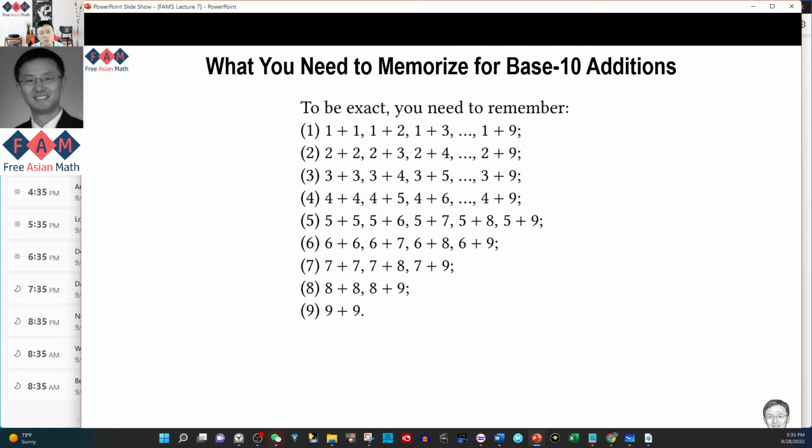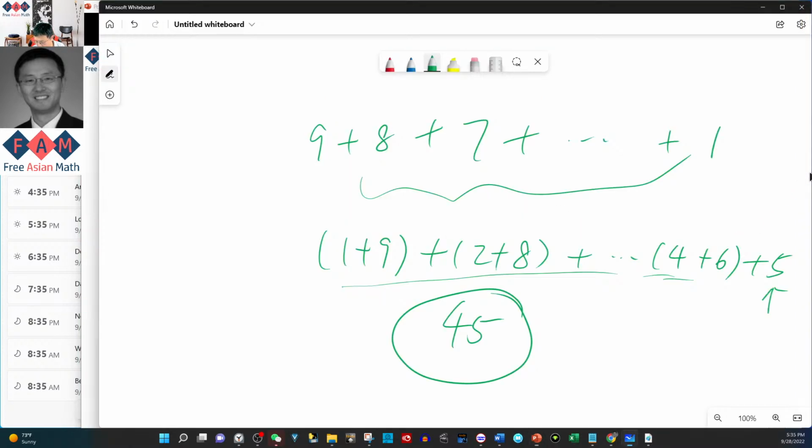On the other hand, if you have a binary system, what will you do? You only need to memorize 1 fact, and it is trivial. What is that? It's 1 plus 1 equals 10. In binary, 1 plus 1 equals 10 means 1, 0. I mean 10 in the sense of the binary system. So you only need to remember that 1 plus 1 equals this number.